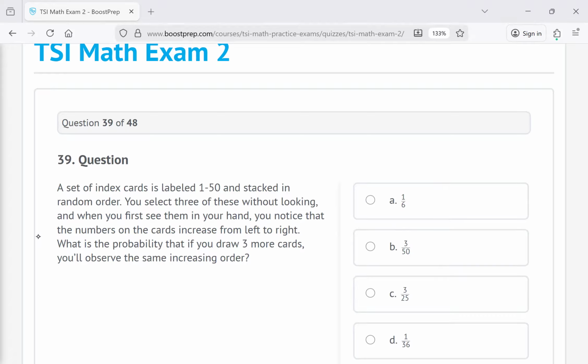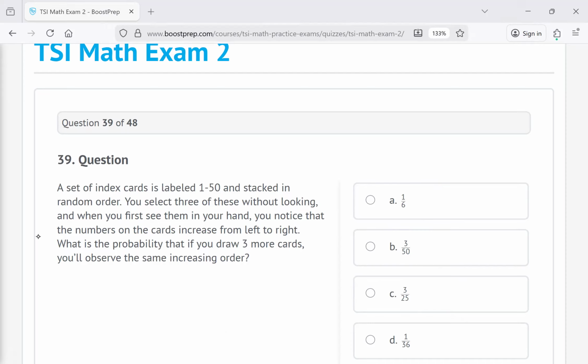Let's see. There's some information we don't need. Our only concern is the ways of arranging the three numbers in your hand. What is the probability that these numbers will be in increasing order?